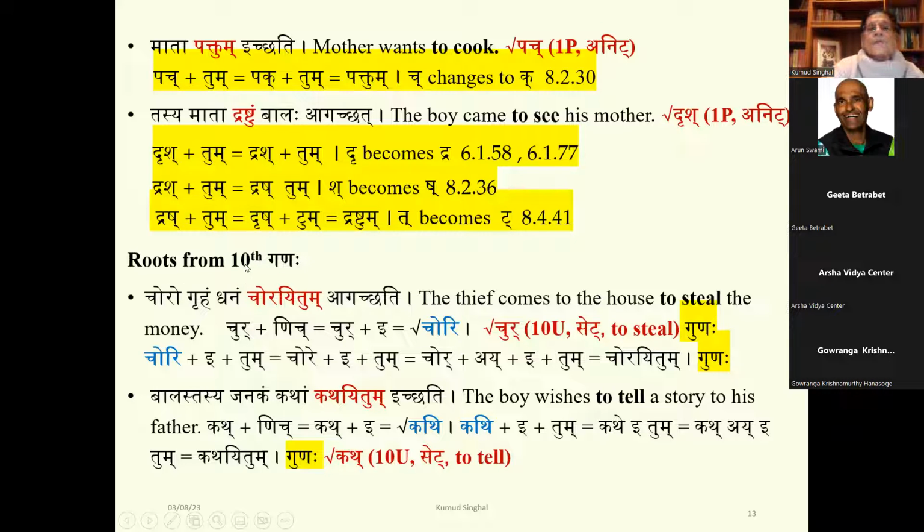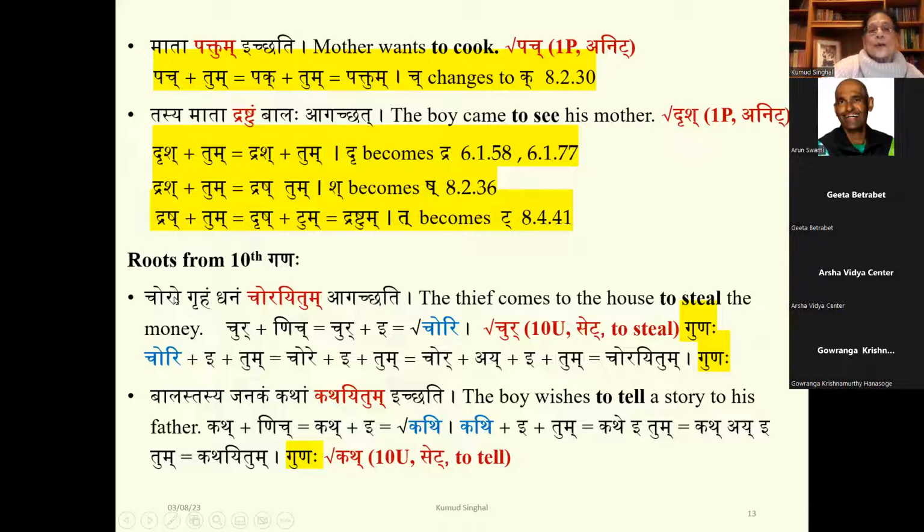Now, if the roots are from the 10th Gana, then an additional thing is also happening. For example, you add a nich pratyaya before you add the tum pratyaya for all the roots in the 10th Gana.